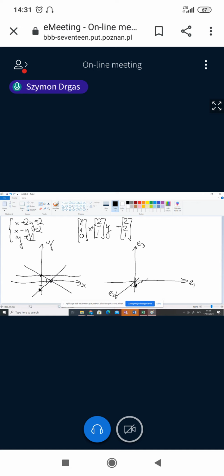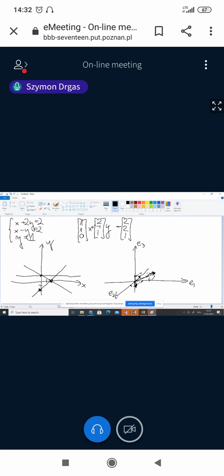So the first component is 2, the second component is minus 1, and the third component is 1. So it should be somewhere here.